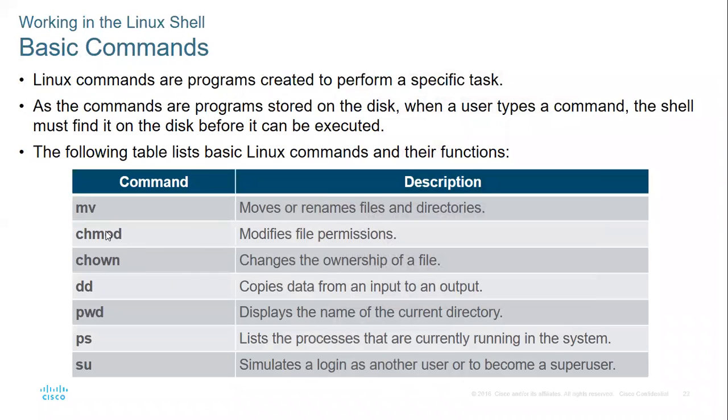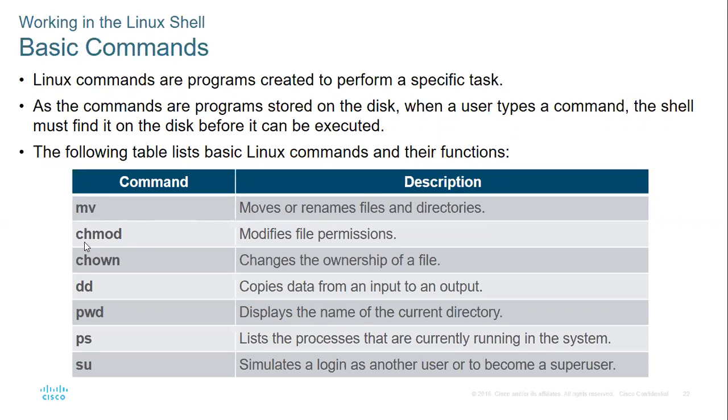If you want to move or rename files and directories, this is the command, mv, for move. These guys made our lives easy because mv comes from the very word move. So the mv command is for moving or renaming.